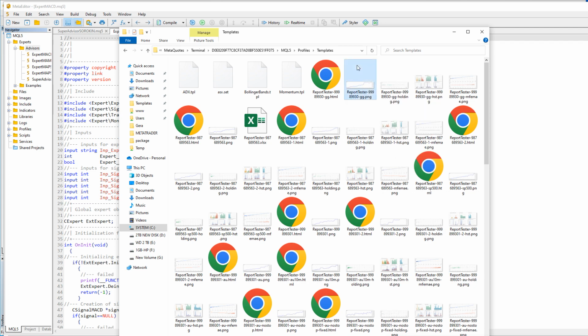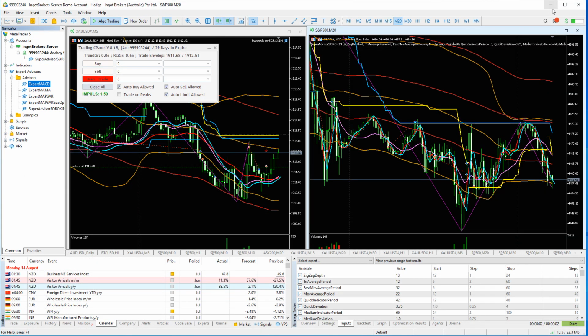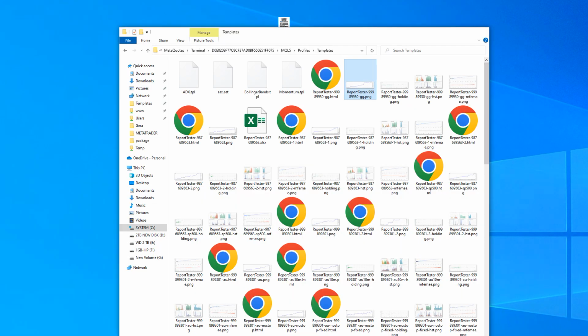You can put the template called SuperAdvisorSorokin. You see there's a TPL extension, so that is a template. You put the template here as well.